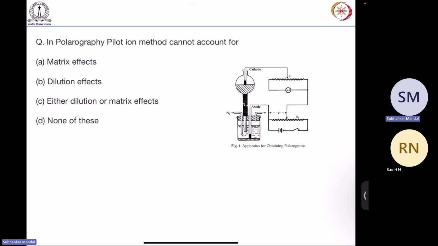Polarography, pilot ions method. So this is the polarography apparatus. In polarography there is a mercury drop, what we call CGME, the controlled growth mercury electrode. If you see the apparatus, this is the electrolytic cell, and you have an anode, and this is the mercury.